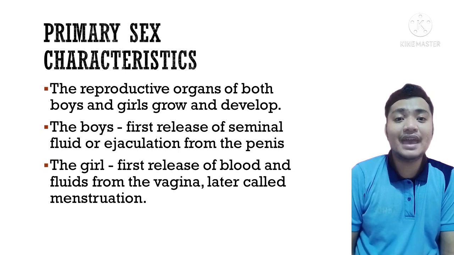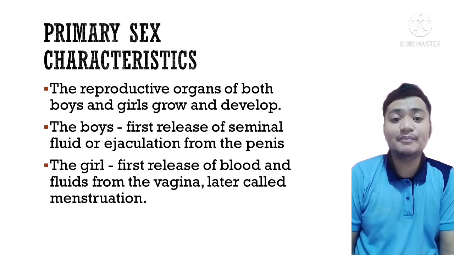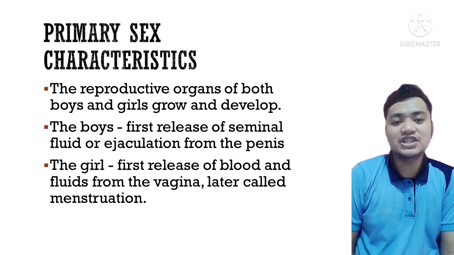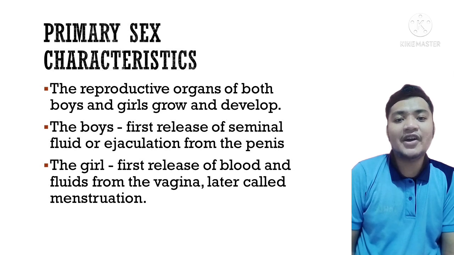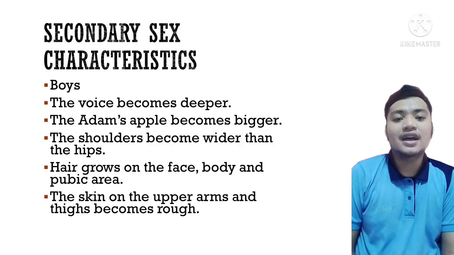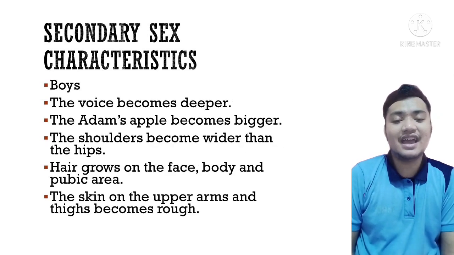Ang babae naman, dapat may experience niya ang pag-release ng kanyang dugo and fluid from her vagina called the menstruation. So, let's proceed to the secondary sex characteristics, which are changes not directly related to sexual reproduction.